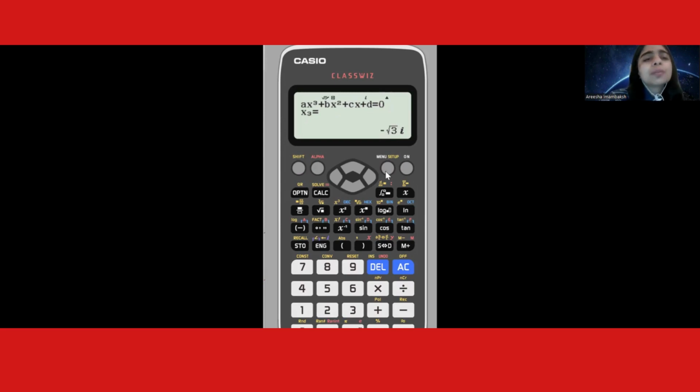right? Another very important function is the matrices function. So we have to define the matrices: 2, 4, 6, 5, and option. Let's define the second matrix: 2, 3, 9, 8. And then let's go to matrix calculation.